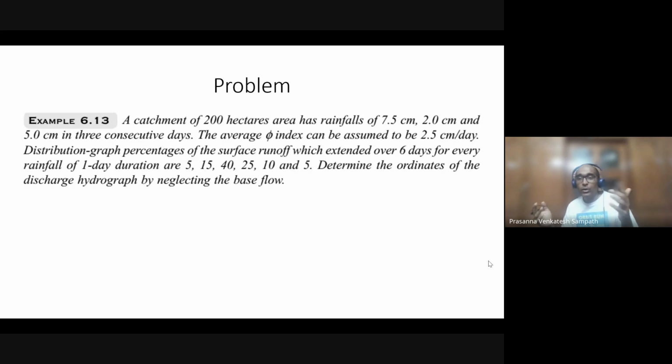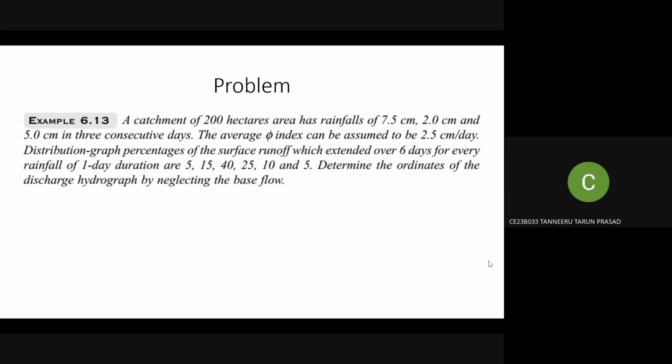Thank you. Okay, Tarun, on the second day, how much effective rainfall or how much excess rainfall happens? No excess rainfall, sir. The infiltration, because the phi index was more than the rainfall event.